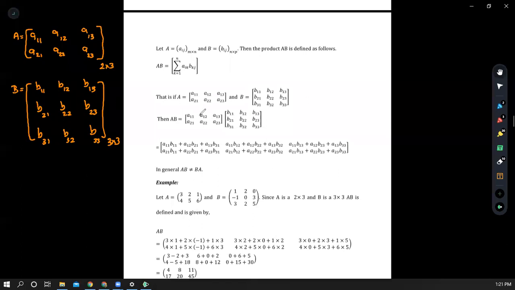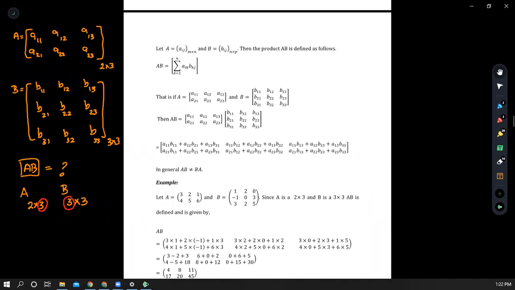Now, if you are asked to take the matrix product AB, first you need to check whether the matrices are conformable for matrix product AB. First, you can write matrix A having the dimensions 2 by 3 and matrix B having the dimensions 3 by 3. If you check the number of rows and columns, you can see that the number of columns of the first matrix is equal to the number of rows of the second matrix.